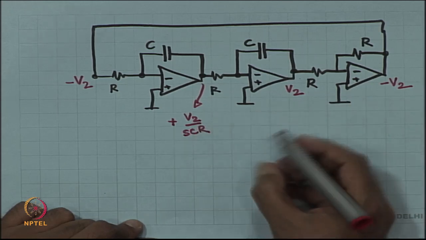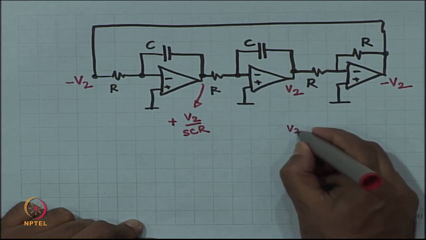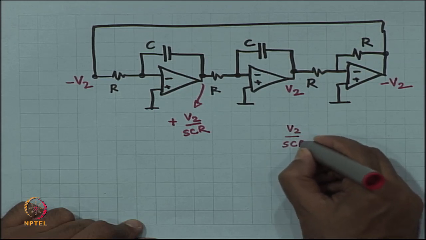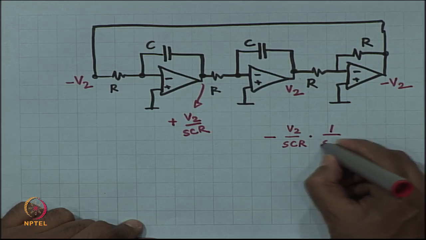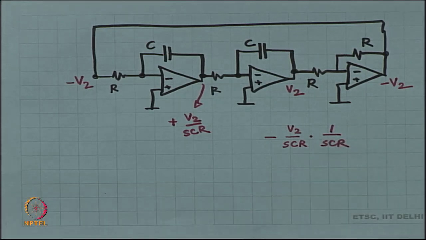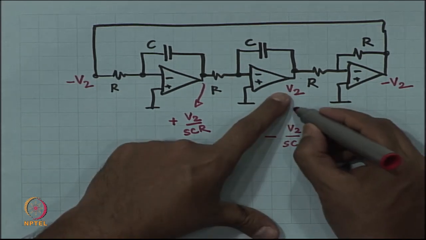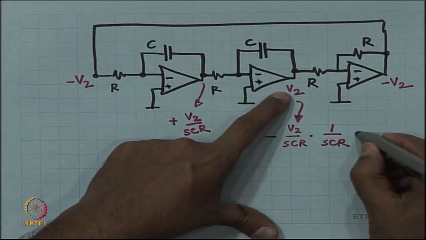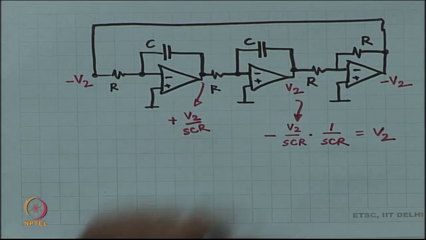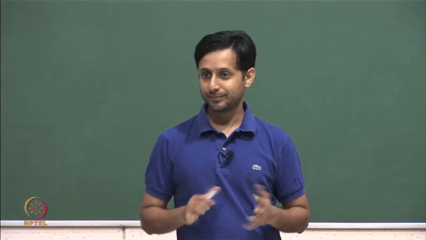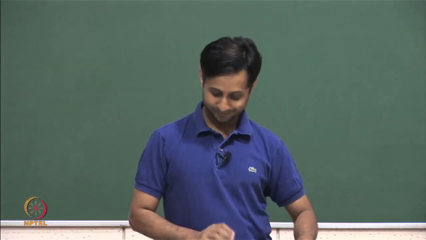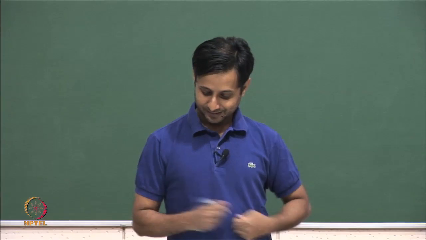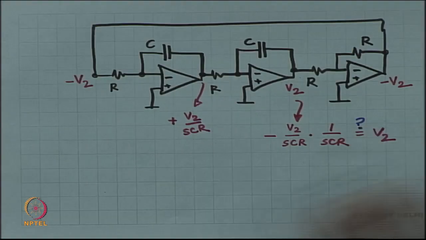So, if you integrate V2 by SCR, what do you get? V2 by SCR into minus 1 by SCR. And that happens to be equal to V2. This is very strange, right? It is not looking nice at all.